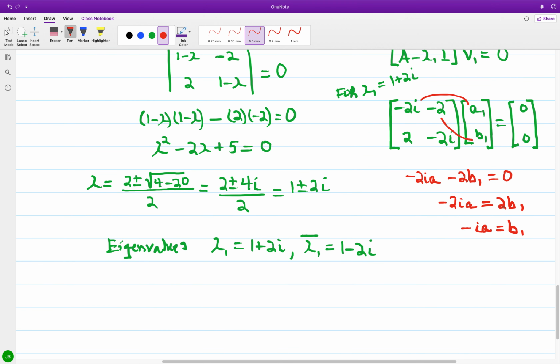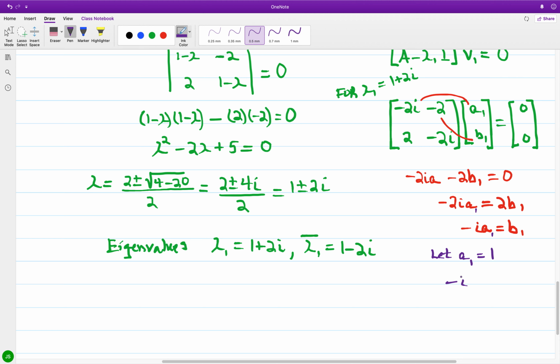So for what we're going to have in the case of the first eigenvalue, again 1 plus 2i, let's say I let a1 be equal to 1.